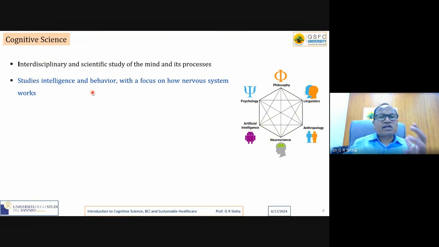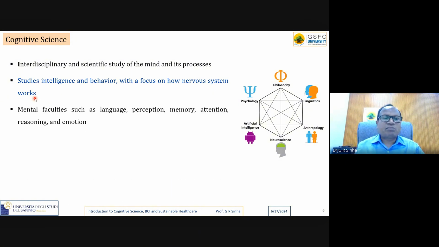Cognitive science is a study of intelligence, a study of behavior, with a focus on how the nervous system works. What do we mean by nervous system? I will explain today itself in coming slides. Mental faculties, mental domains such as language, perception, memory, attention, reasoning, emotion, these are the different mental faculties of the mind, and they are also studied in cognitive science.